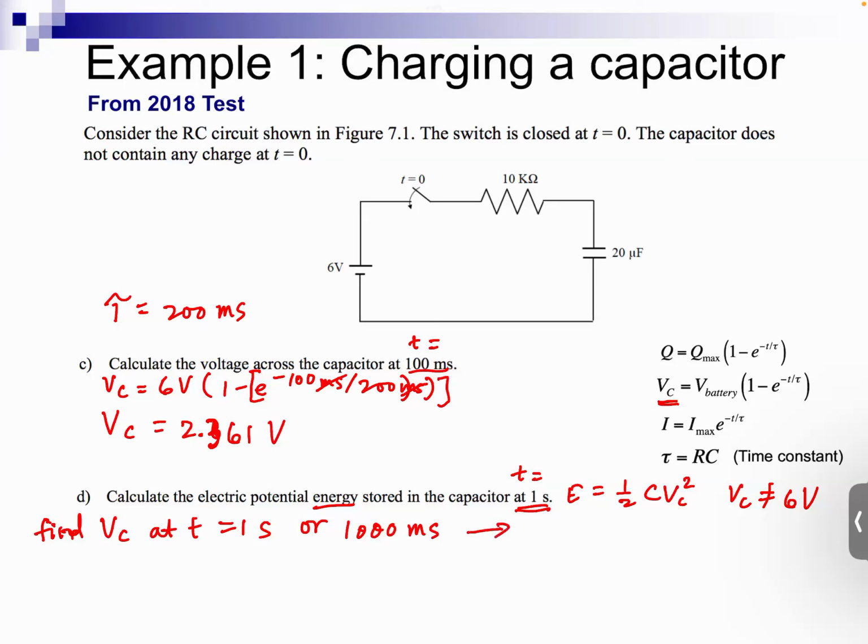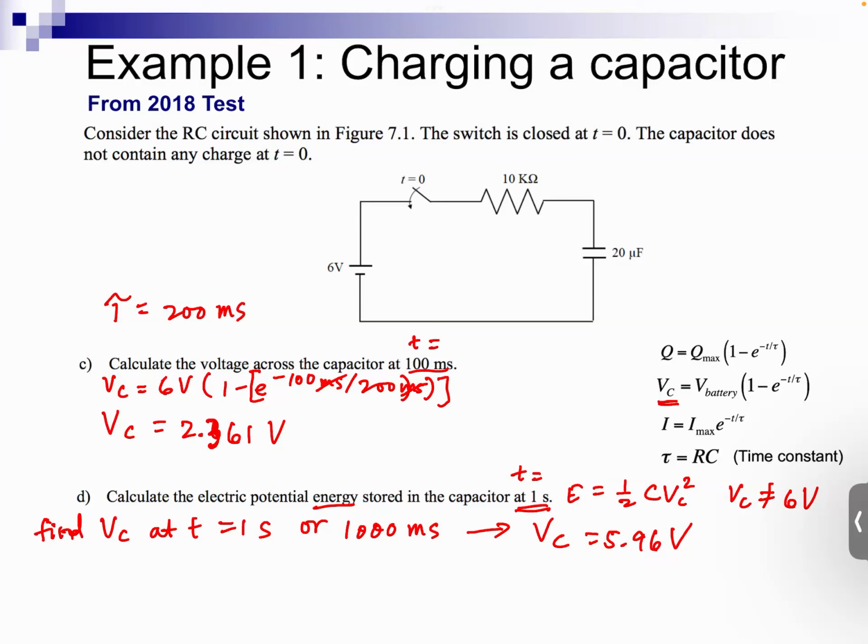If you do that, you should get a VC is equal to 5.96 volts. So you can see that it's not yet quite fully charged. Well, depending on rounding, you can argue it's fully charged.